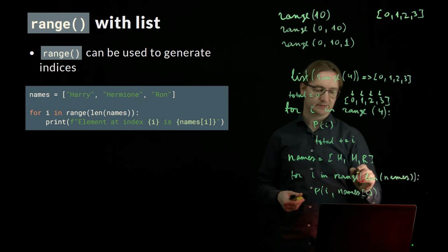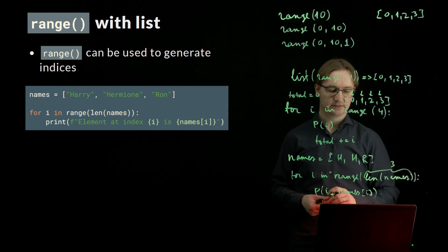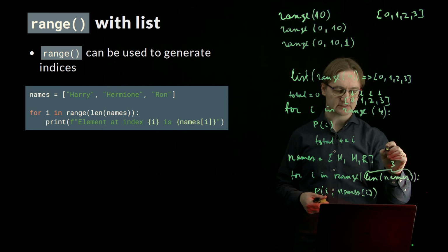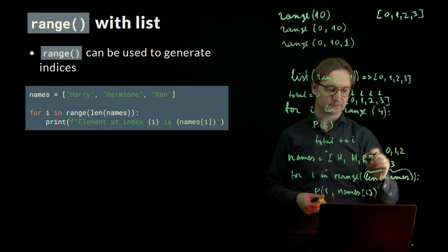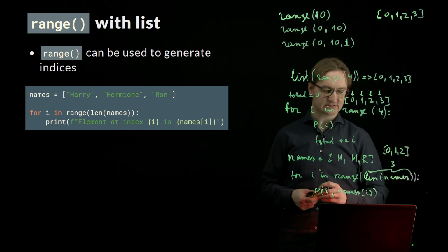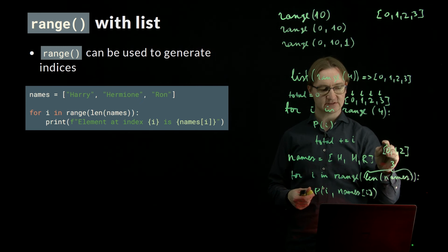Now what happens? The length of this list is 3. And range(3) actually gives us basically values 0, 1, and 2. So we can say it is kind of a list, but actually it's not. Range doesn't give us a list, but it gives us the values.